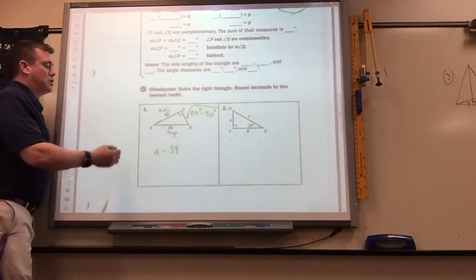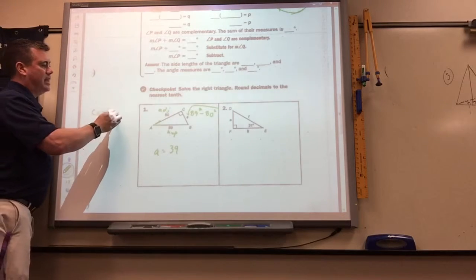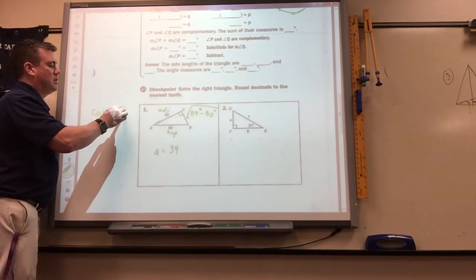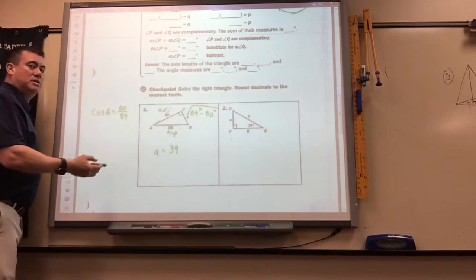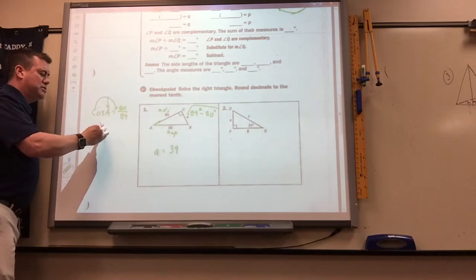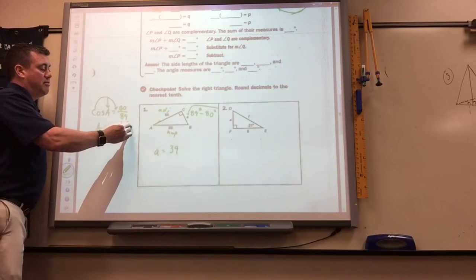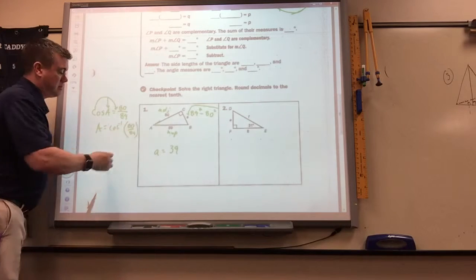Adjacent and hypotenuse is cosine. So the cosine of A is adjacent over hypotenuse. So again, when you're finding A, you move the cosine over and it turns to inverse. So you do the cosine inverse of 80/89ths.